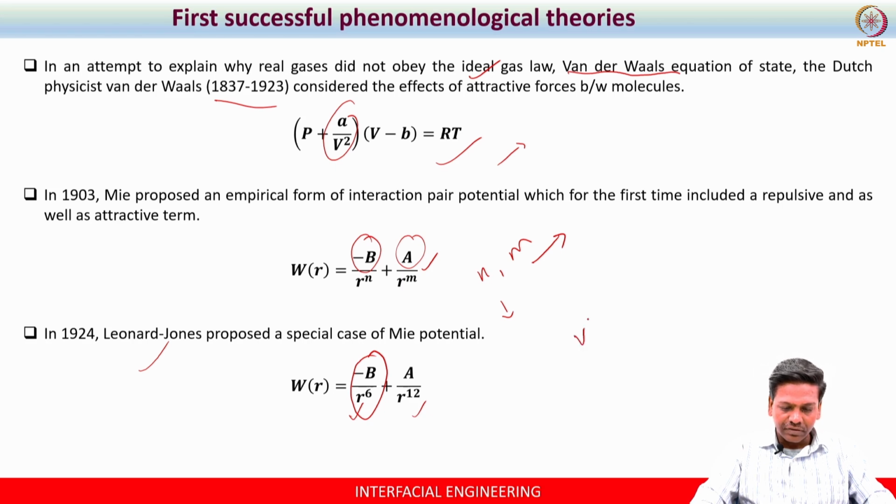V is equal to r cubed. Since a V squared term was used in the attractive term, the volume dependent term can also be expressed as a distance dependent term, that is r power 6, right?